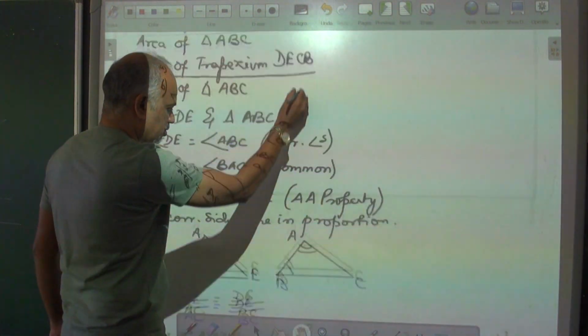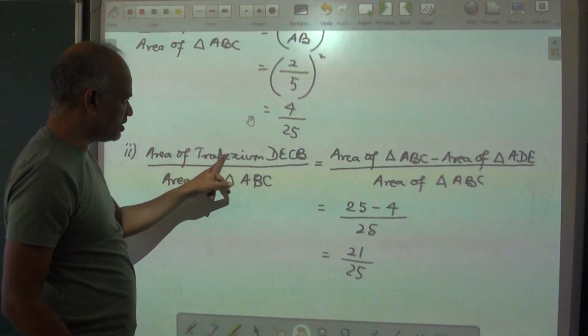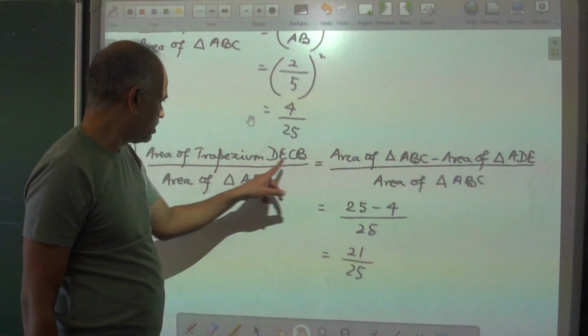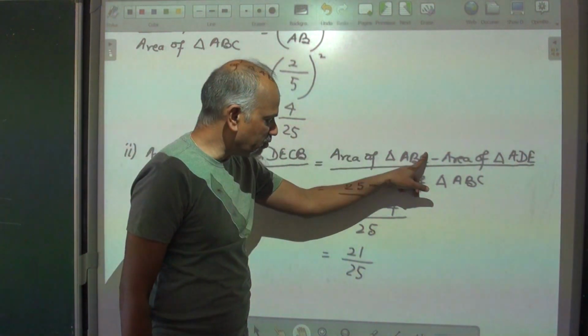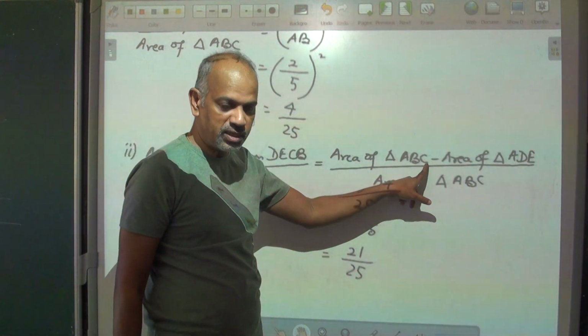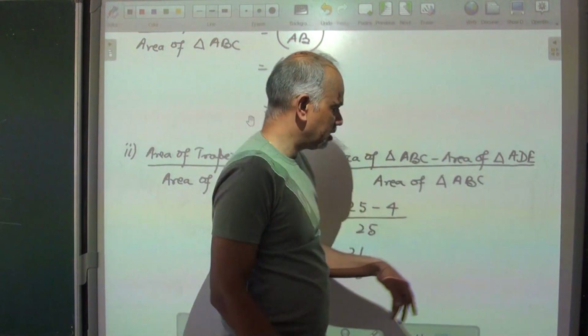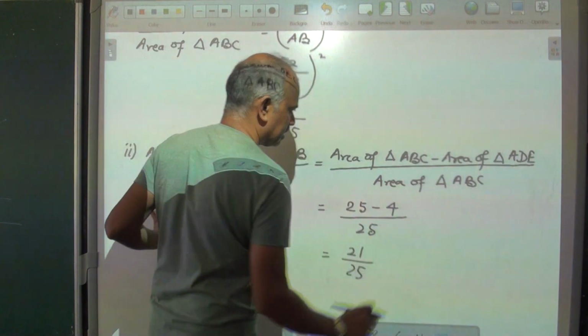So, our second question was area of trapezium DECB by area of triangle ABC. To get the area of trapezium DECB, it is area of the bigger triangle, triangle ABC, minus area of the smaller triangle, triangle ADE, divided by, the denominator is the same, area of triangle ABC.